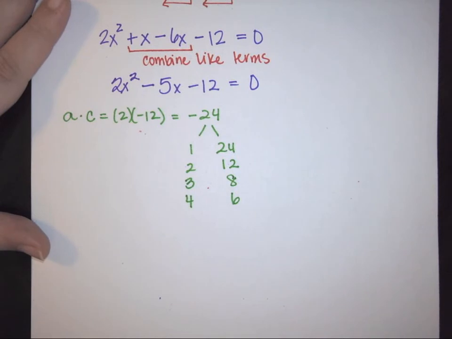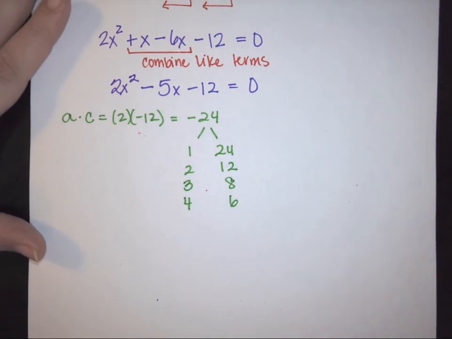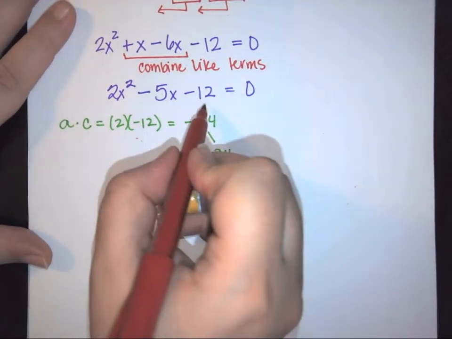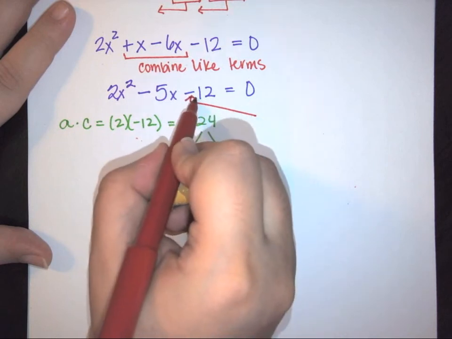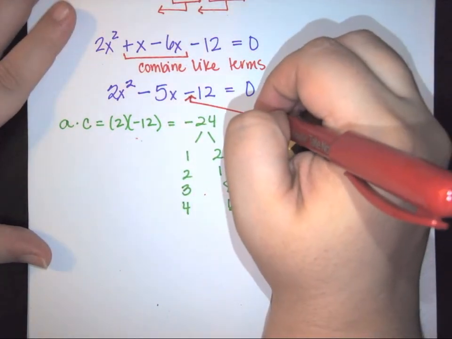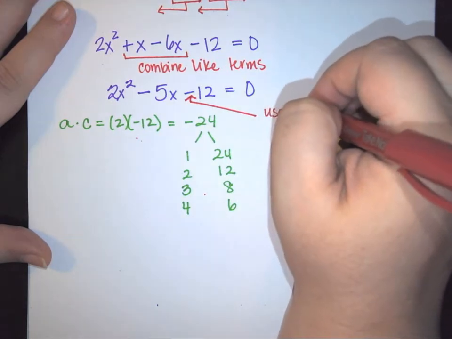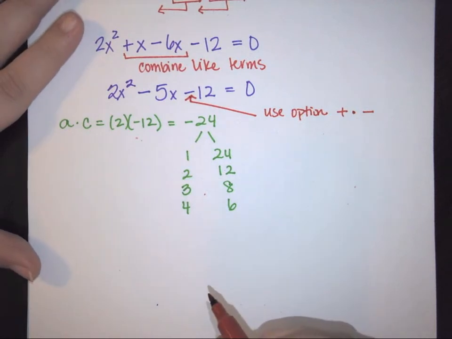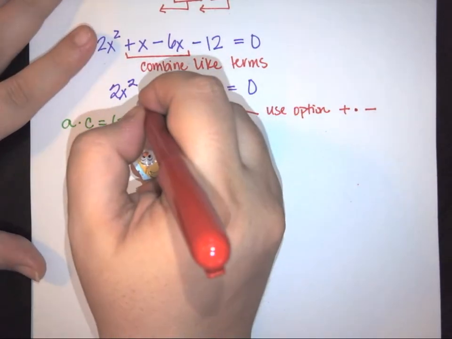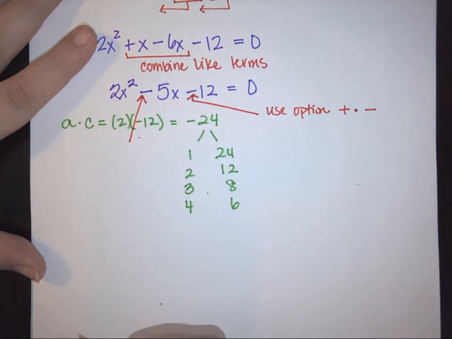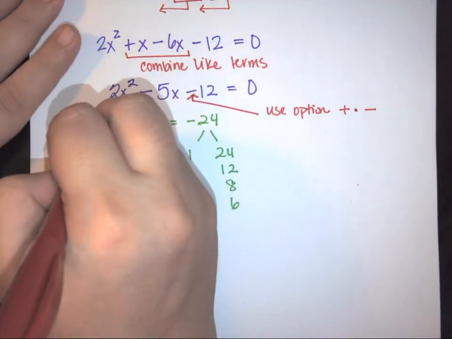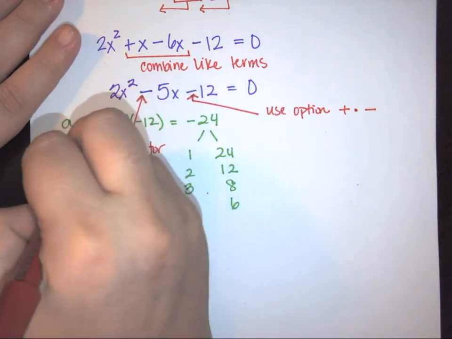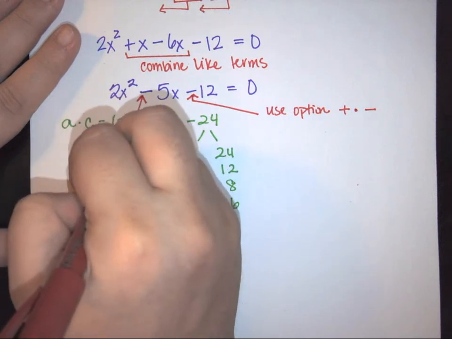Now with that, I have to figure out what is what. So here there's a few things that I need to pay attention to. First is I have this negative sign here. So this sign says that we have to use the option positive times negative. Now the other thing that we know is that the middle sign, or this sign here, is going to tell us that the bigger factor must be negative.